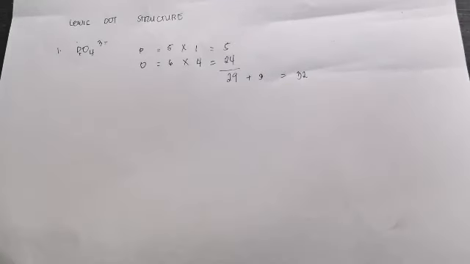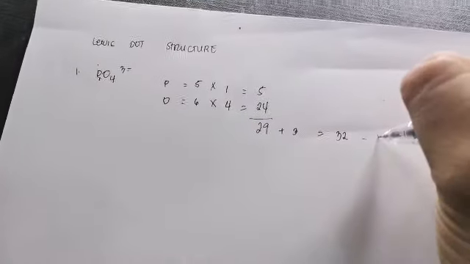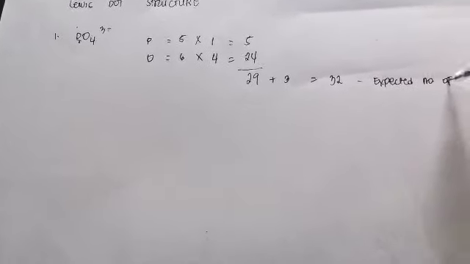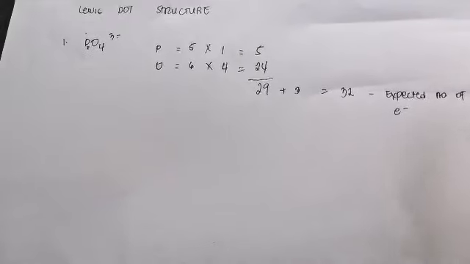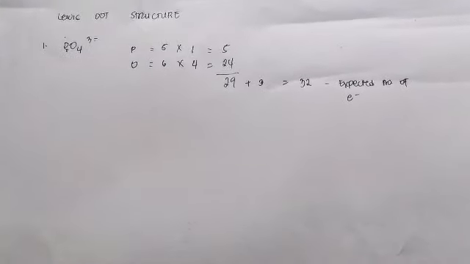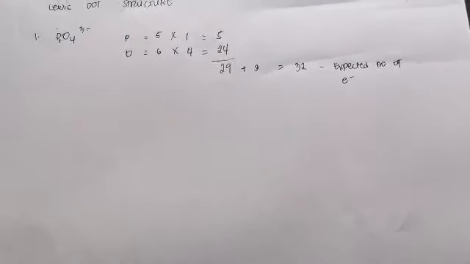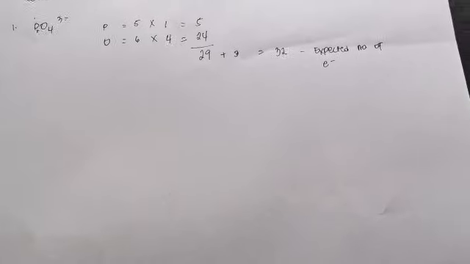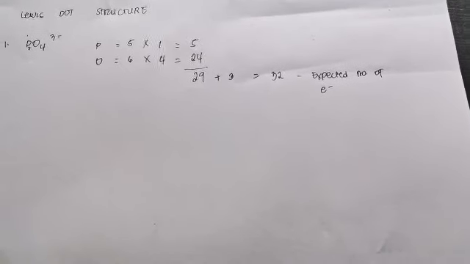So after getting the expected number of electrons in the phosphate group, you are going to identify first the central atom. Okay.